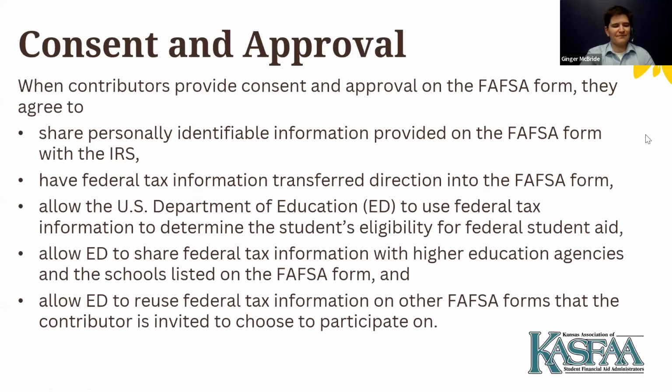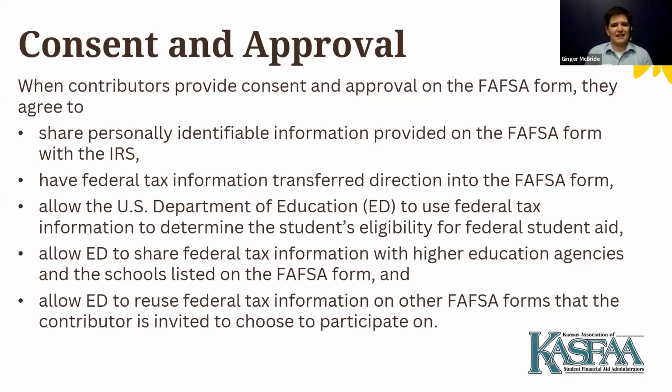When it's getting into the weeds of what the consent and approval is for, it's things like sharing the personally identifiable information provided on the FAFSA form with the IRS, having that tax information transferred from the IRS to the FAFSA form, and allowing the U.S. Department of Education to use that federal tax information to determine the student's eligibility for federal student aid.